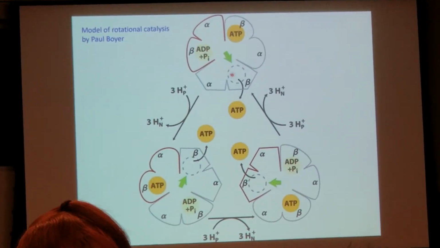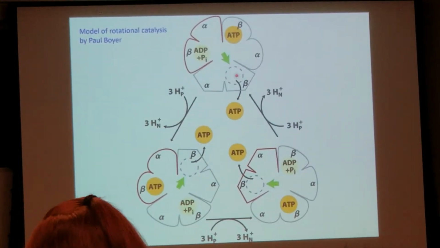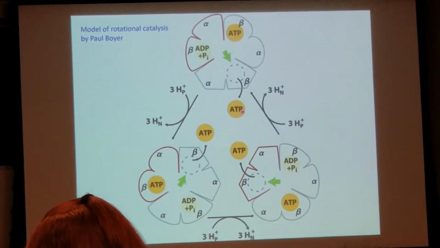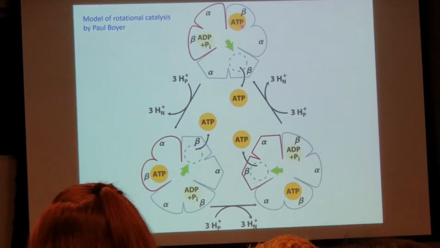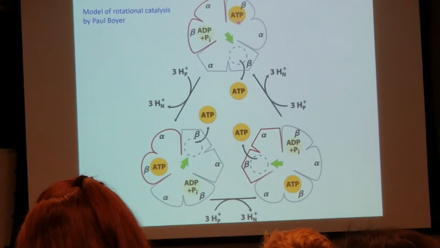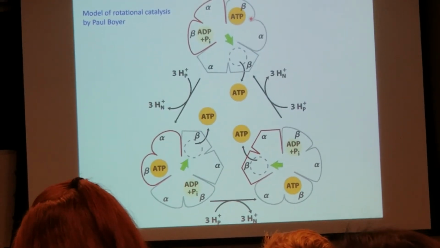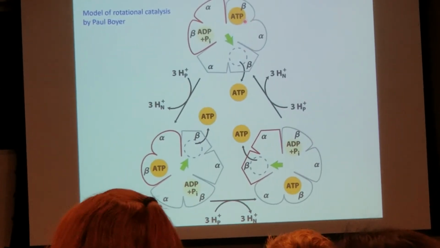Okay. So, what we can see is that this dimer here is empty. It just lost its ATP. This guy here has formed ATP. Okay, what do I not like about this? The formation of ATP should be right here at the interface between the alpha and the beta subunit. This looks like it's only on the beta subunit.